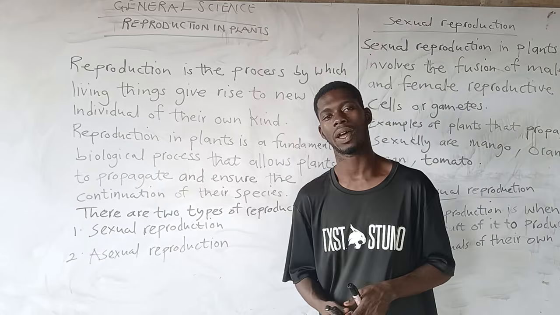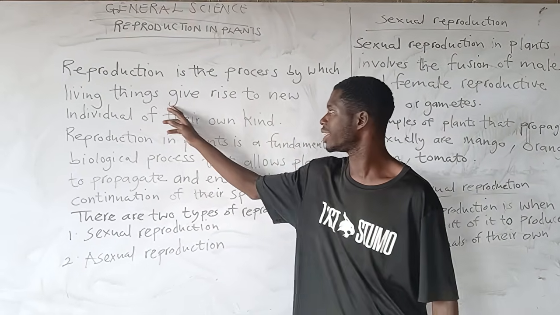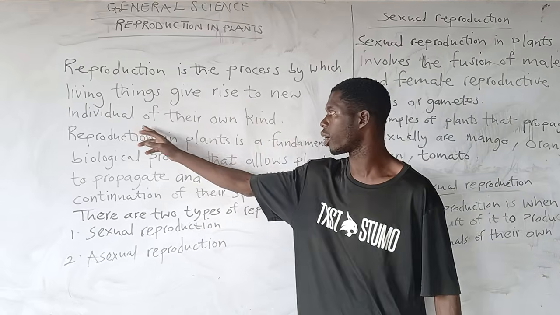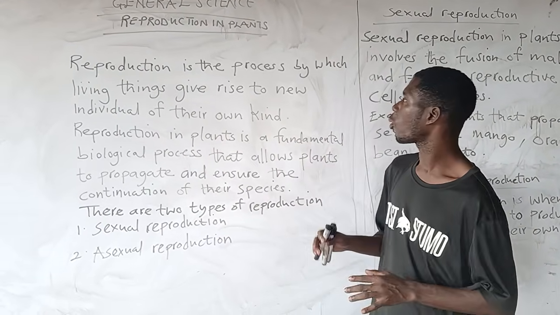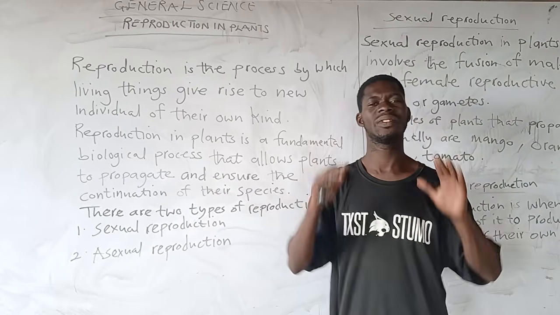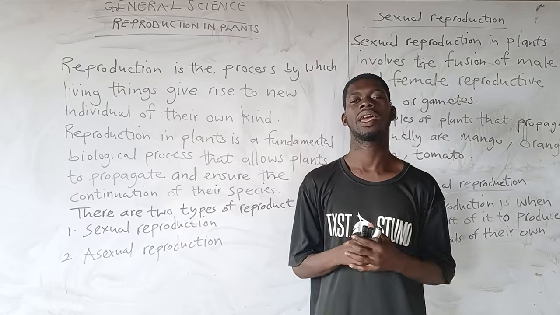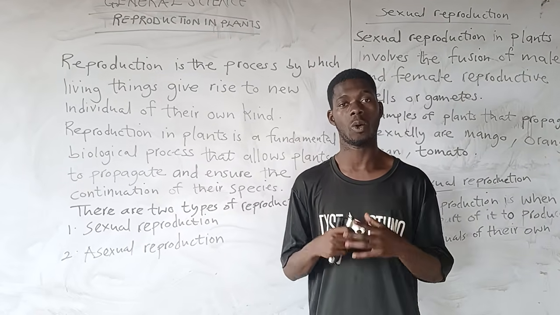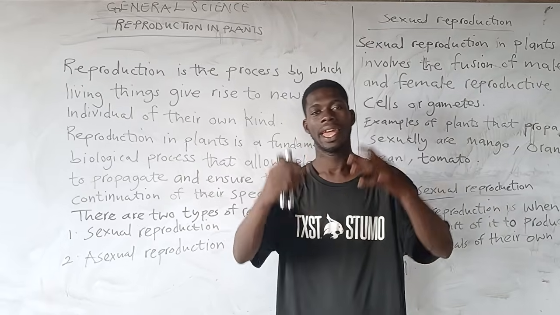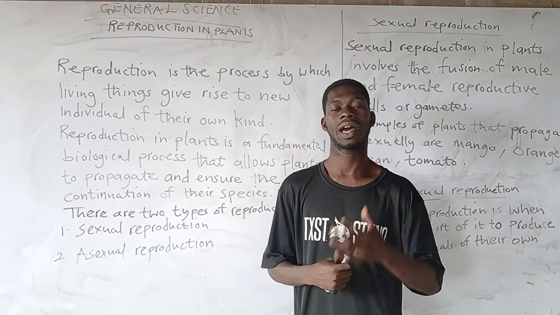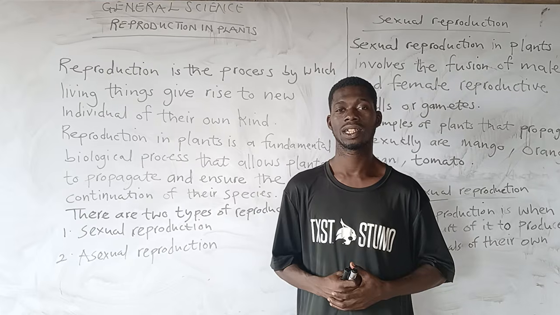What is reproduction? Reproduction is the process by which living things give rise to new individuals of their own kind. So when it comes to reproduction in animals, a goat will give birth to a goat.